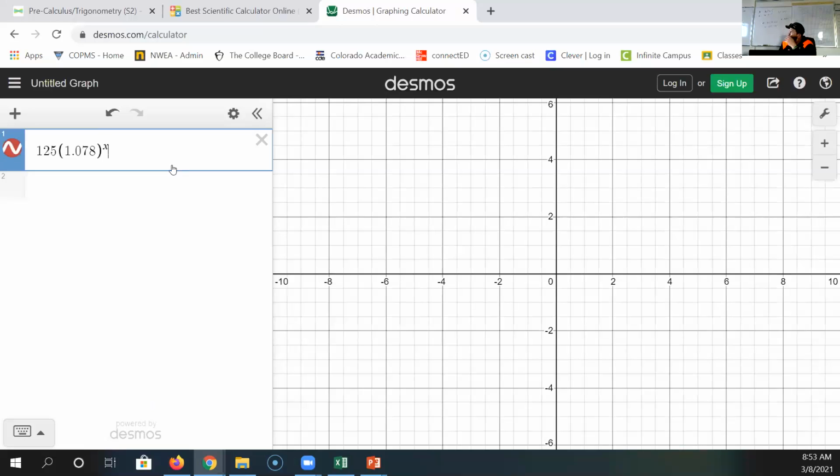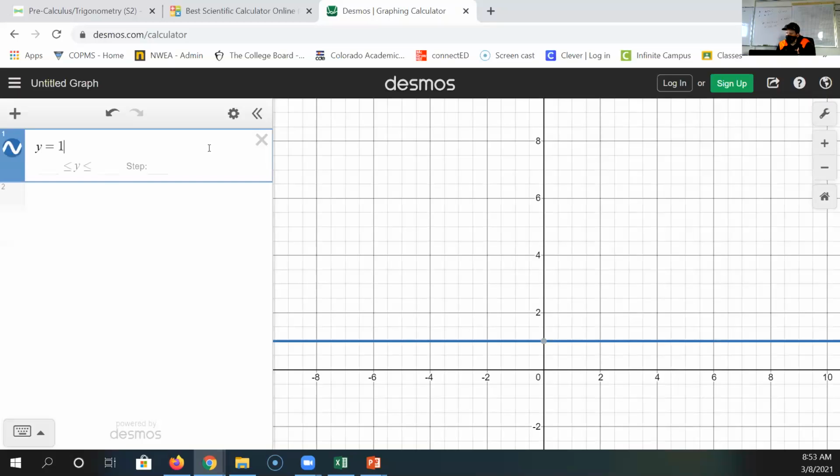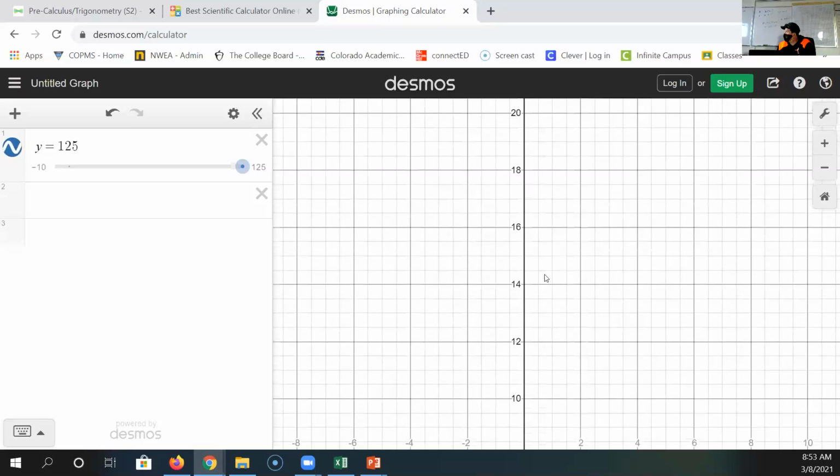Because that's my modeling equation. Why did it not take it? Do I have to hit y equals? Why are you not working, Desmos? Y equals 125. See if it'll graph that. That's way up here.